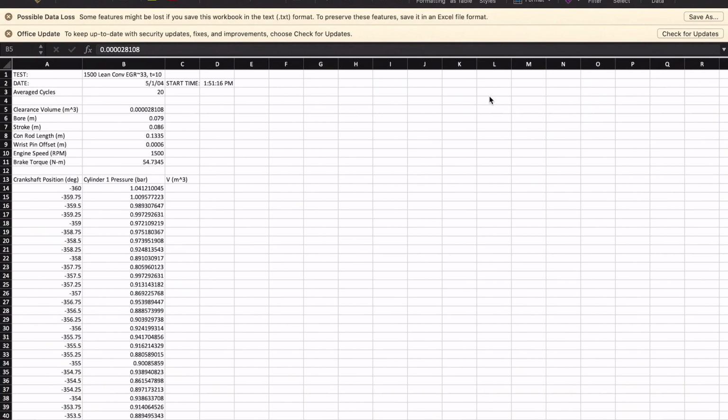The engineer would be running the engine, and this indicator pen would be scribing out the pressure on a roll of graph paper, and it was called an indicator diagram because the pressure of the cylinder was being indicated on this diagram. Then the engineer could go in and, using geometrical relationships and other means, calculate the area under the curve, and that would indicate the work, right? And then correspondingly calculate the mean effective pressure.